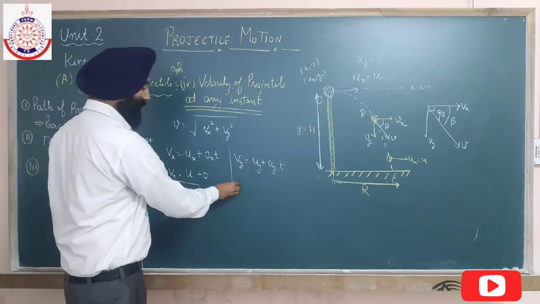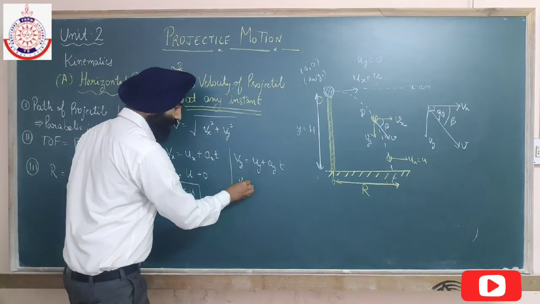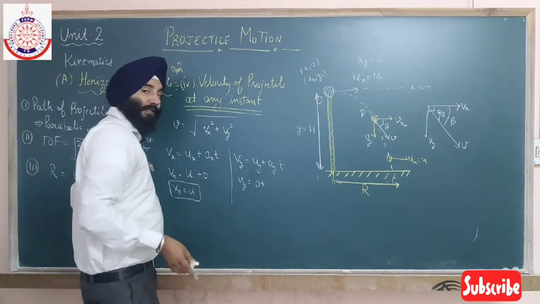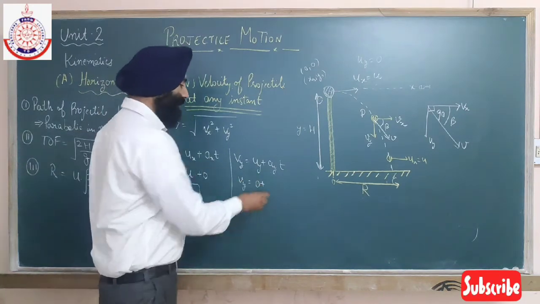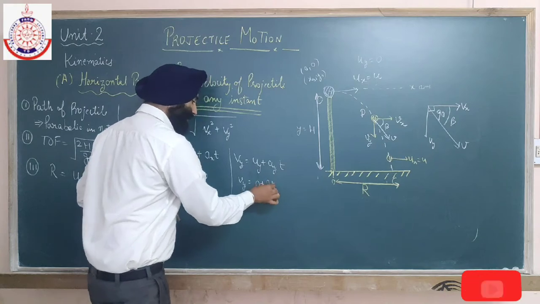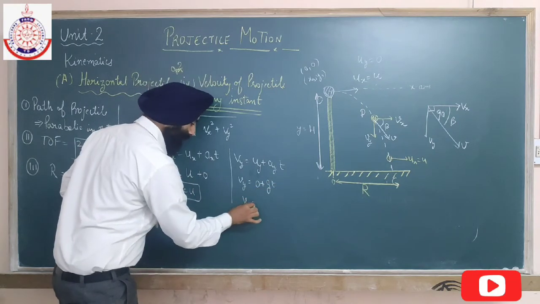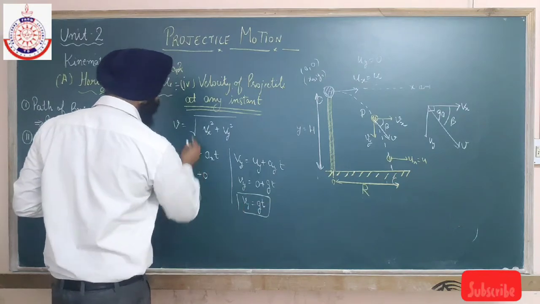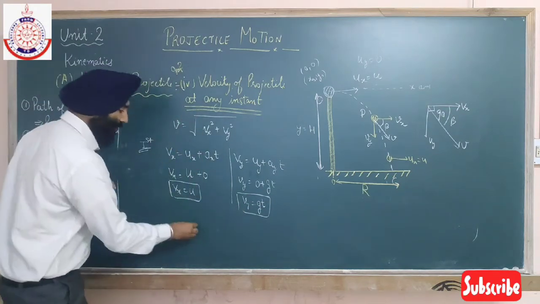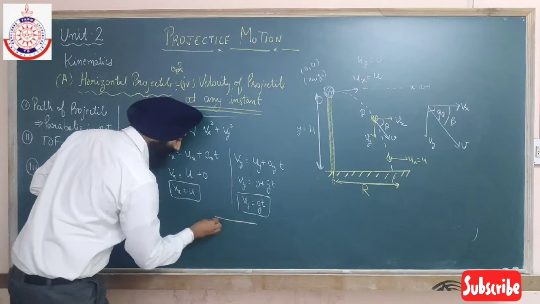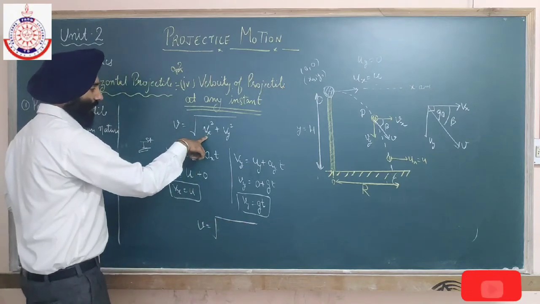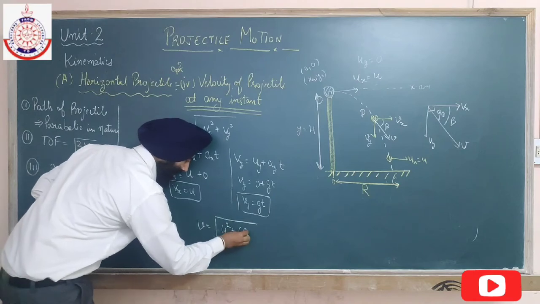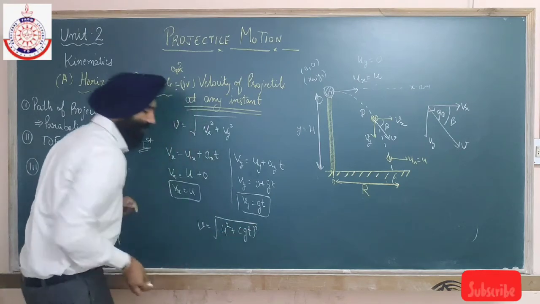Now vy is equal to initial velocity along y-axis, which is 0, plus acceleration along the y-axis, which is gravity g, into t. It means the y component of velocity is g t. Fine. Now I have the values of vx and vy and I will calculate the resultant velocity at any point. This is under root of, in place of vx I have u square, plus in place of vy I have g t.